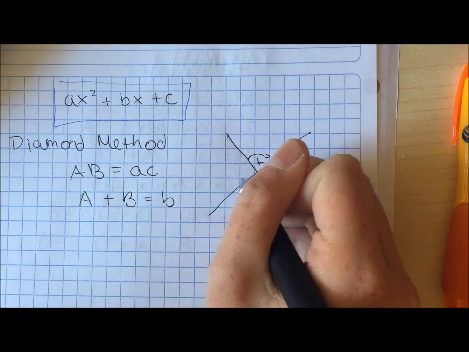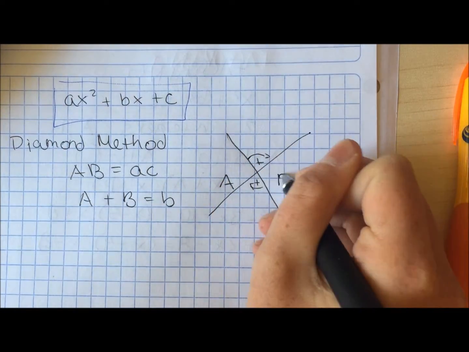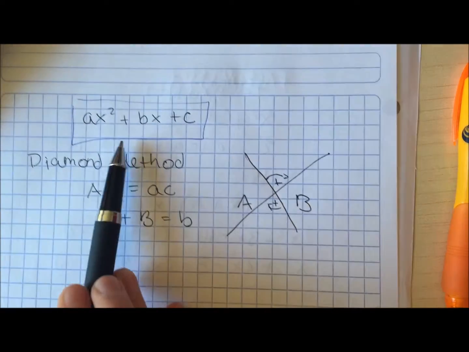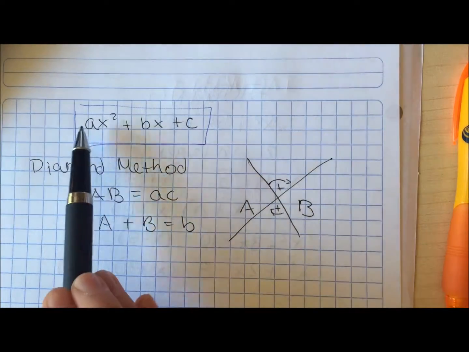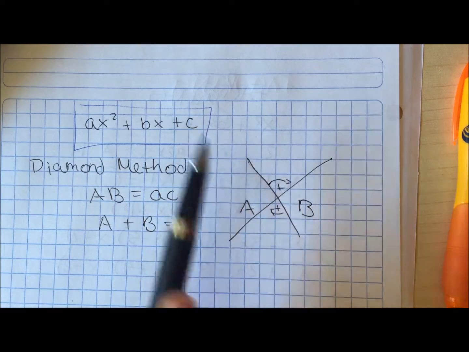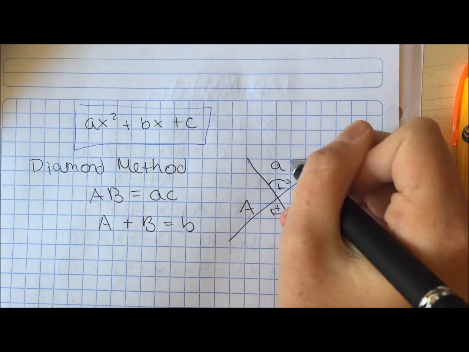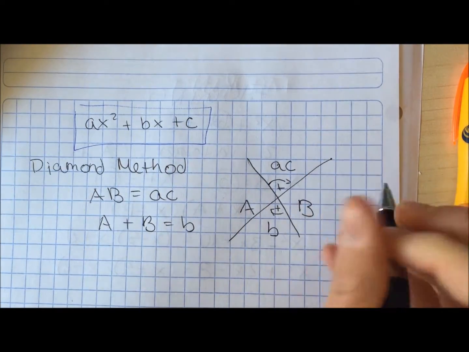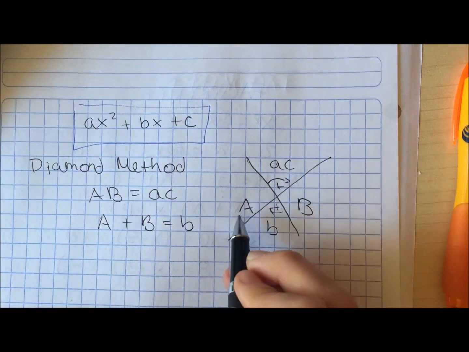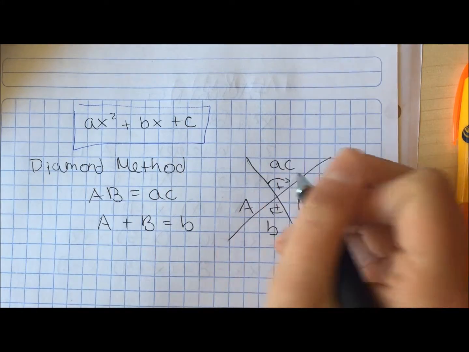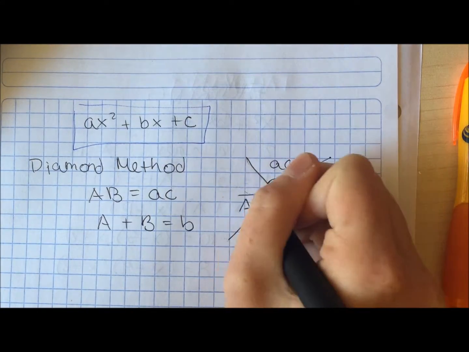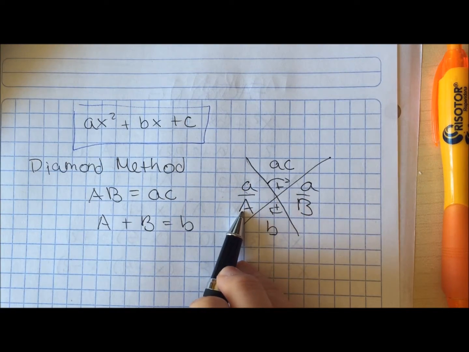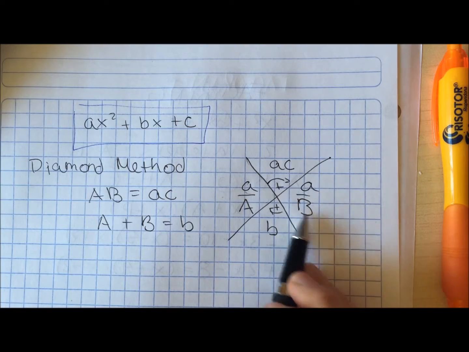Here we're going to find the a and here the b. What we are going to do is first multiply this a times this c, and put it here. Then this b, we're going to put over here. And we're going to find the two integers, and represent them with the a over them, so it's a over a and a over b.